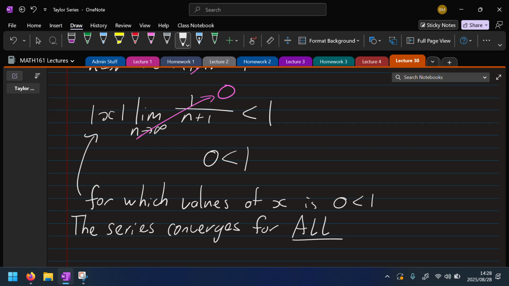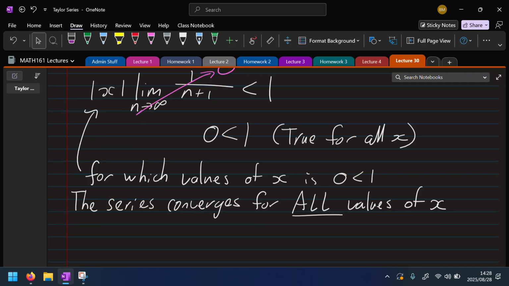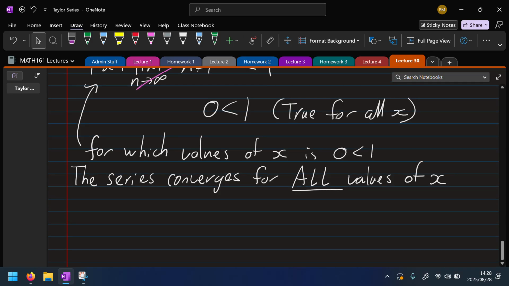You will always get 0 is less than 1. Okay, so this is true for all values of x. So that means it goes all the way from minus infinity to plus infinity. And if you have x going from minus infinity to plus infinity, we can also say that the radius of convergence is infinite.